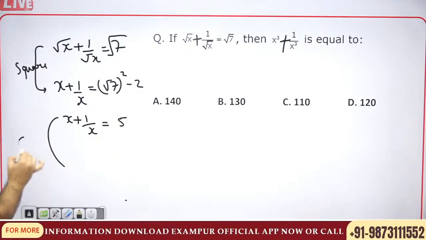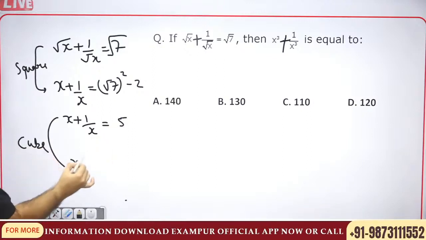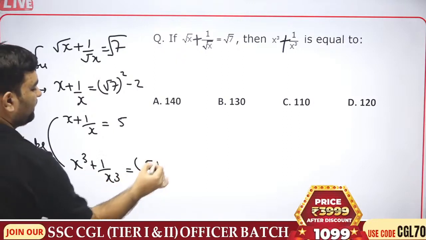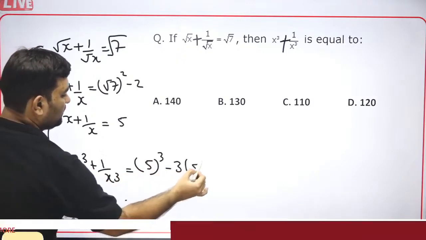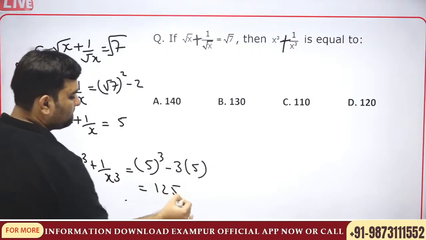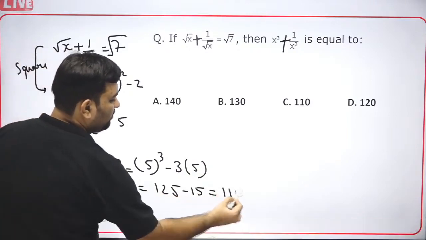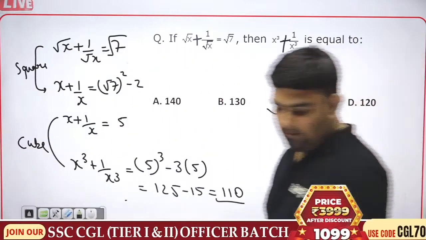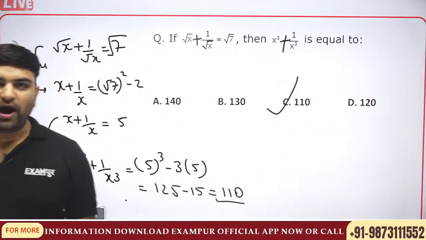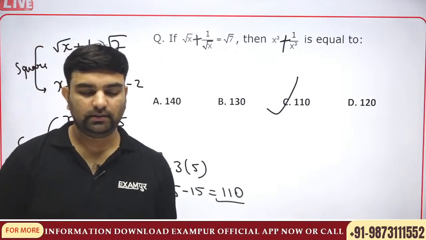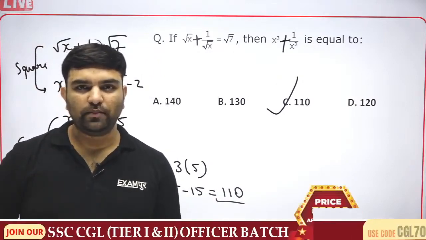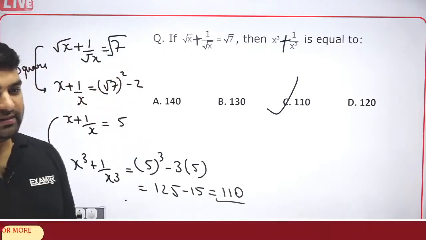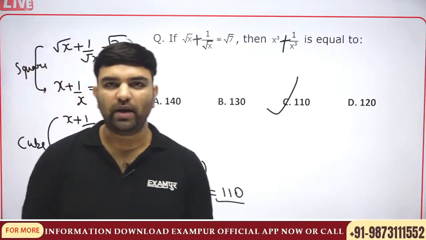Now cube it. a cube minus 3a. First square it once, then cube it. Squaring is a square minus 2 and cubing is a cube minus 3a.